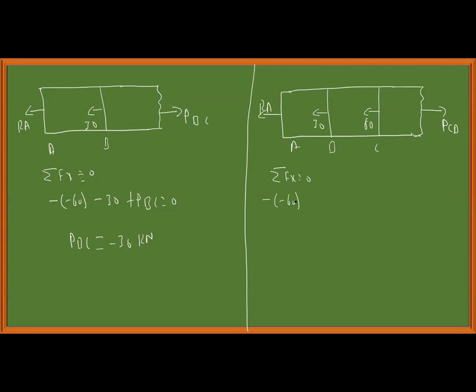Minus of minus 60 minus 30 minus 80 plus PCD is equal to 0, or PCD is equal to 110 minus 60, how much? 50 kilonewton, right? Plus 50 kilonewton. PCD is plus 50 kilonewton. Okay, that's right.